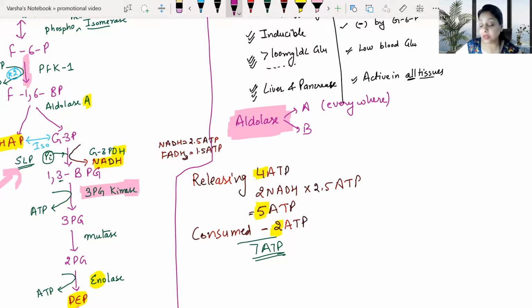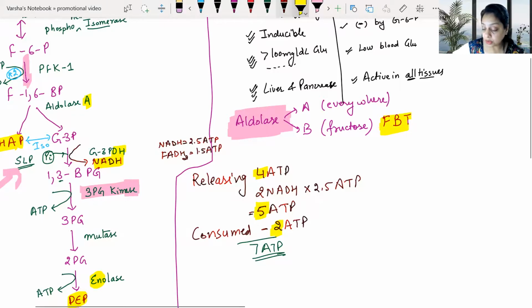B works with fructose. In the fructose pathway there is a disease, fructose intolerance, related to fructose metabolism, so you can make the connection. I'm going to give you this mnemonic, FBI: fructose intolerance is B, meaning there is a defect in the aldolase B enzyme.